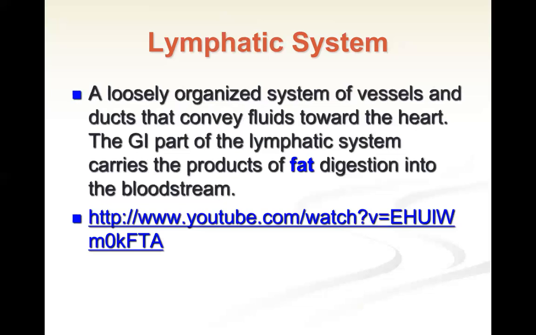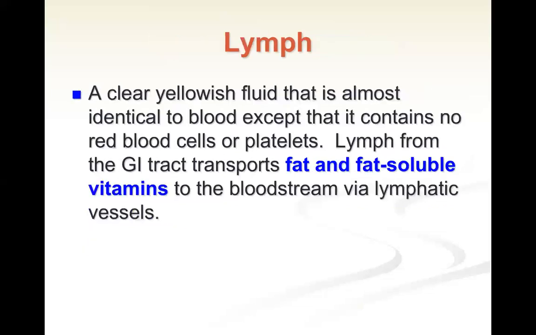And specifically, the lymphatic system is used to transport large fats and fat-soluble vitamins. Lymph, I already mentioned, is kind of this yellowish, greenish fluid, and it's very similar to blood, but it does not have any red blood cells or platelets, so it doesn't clot and it doesn't carry oxygen, and it's used to transport these fats and fat-soluble vitamins.